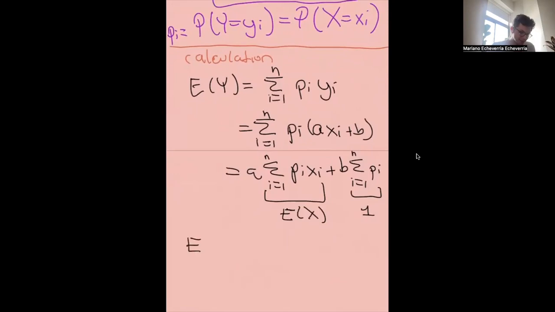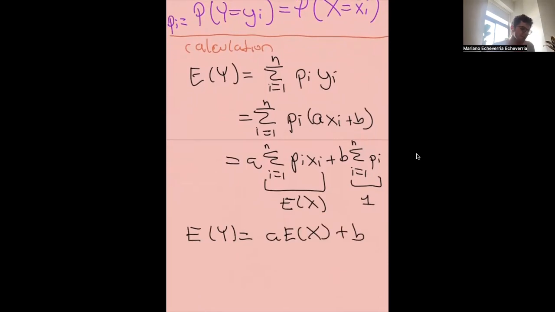So the expected value of y is a times the expected value of x plus b. Or maybe it's better to write it explicitly: the expected value of ax plus b is a times the expected value of x plus b. You could write the expected value of 1, but the expected value of 1 is 1.